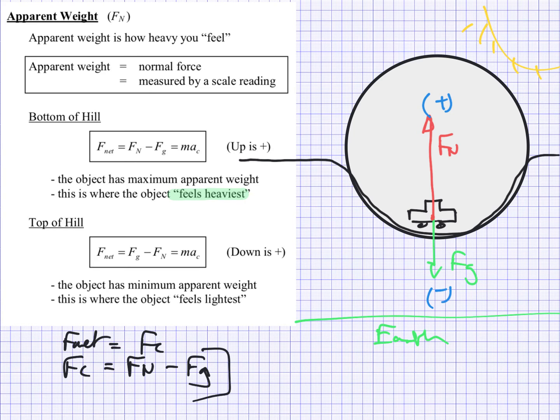Okay, and that's the condition there. Of course, proving now that our intuition is correct, we solve for the Fn. So in this case, the Fn is going to be Fc plus Fg. So that's going to give us a big value. We're adding these two together. It's going to give us a big value for our apparent weight, which makes us feel heavy.